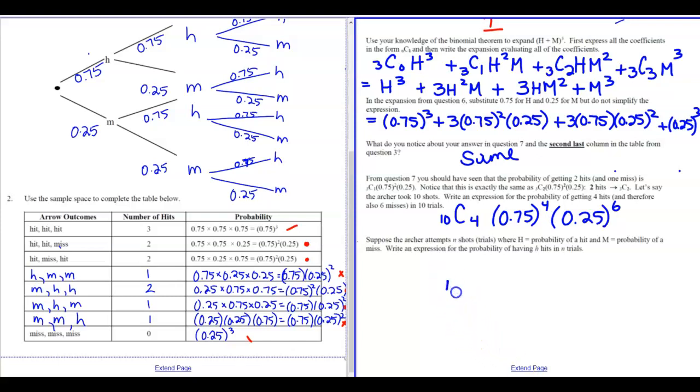So N C lowercase h, total number of trials, number of times you get a success, probability of that success, to the h. Those are the hits, the successes. Okay, and then the misses will be N minus h.